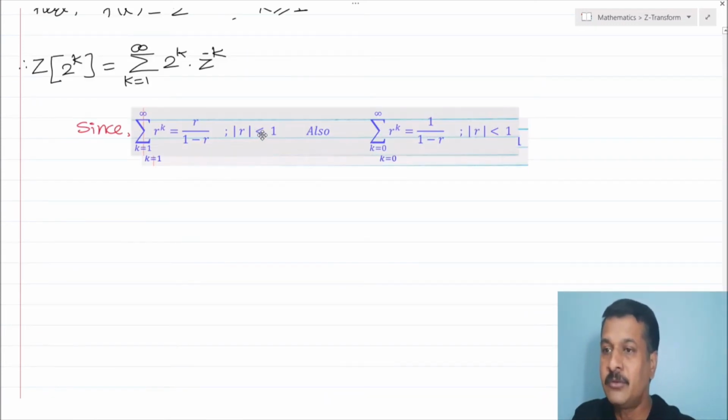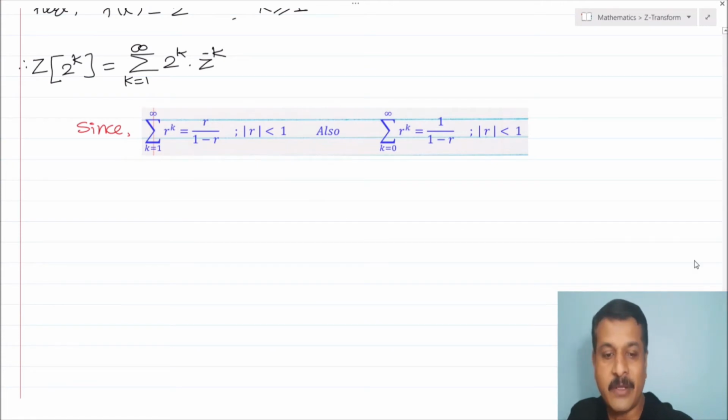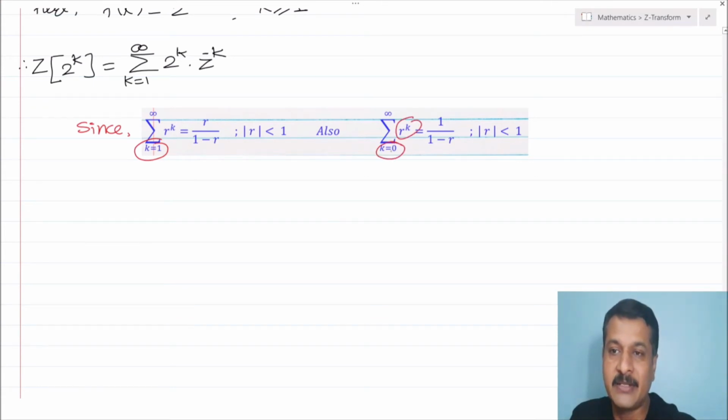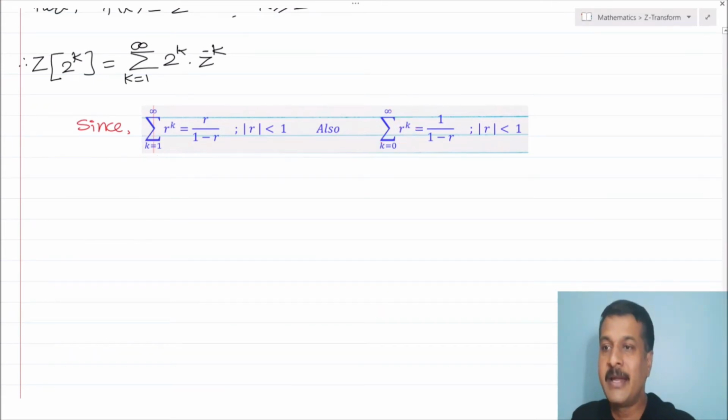As we know, the standard summation formula is r raised to k when k is 1 to infinity and r raised to k when k equal to 0 to infinity. And in this case, k equal to 1 to infinity, and that is why I am getting z transform of 2 raised to k equal to.